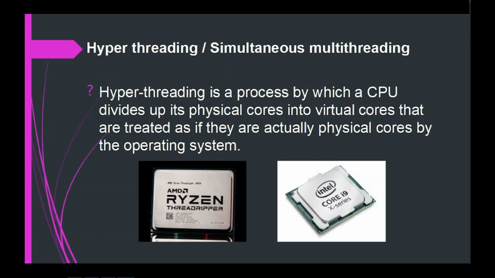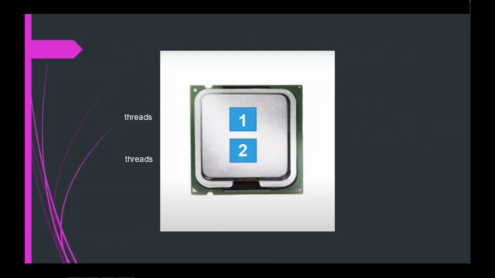There are many different types of hyperthreading cores released in the market today. In hyperthreading, once a thread comes in, it adds one additional thread.